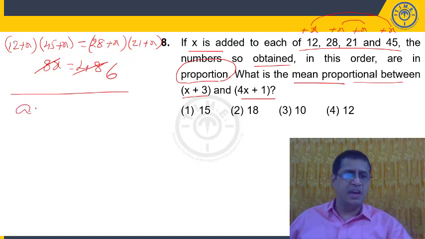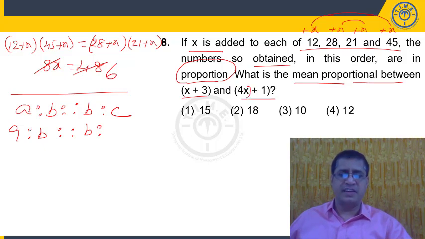Mean proportional means A is to B as B is to C. When x is equal to 6, just substitute here: 6 plus 3, 9 is to B as B is to, now when you substitute here, 6 into 4, 24 plus 1, 25.